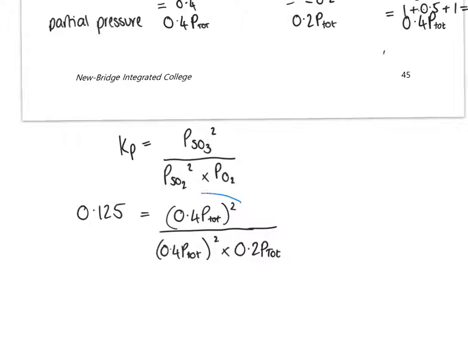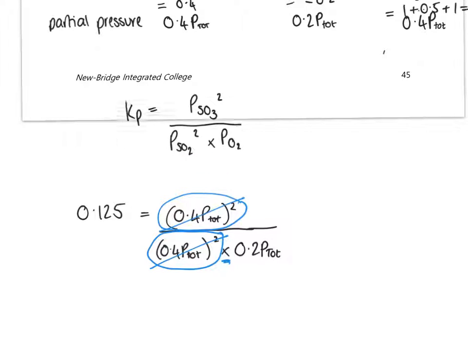Here we have 0.4 P total squared, and here we have 0.4 P total squared. Because that's multiplied by our 0.2 P total, we can just cancel these out. If you want to multiply it out, that is fine, but this makes it a little bit simpler.